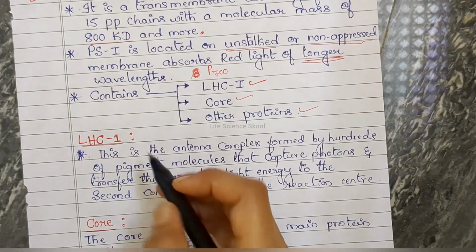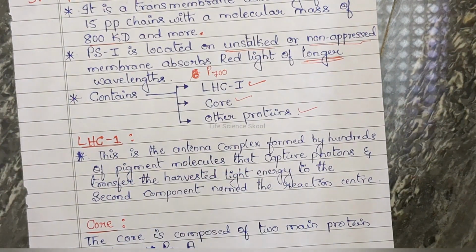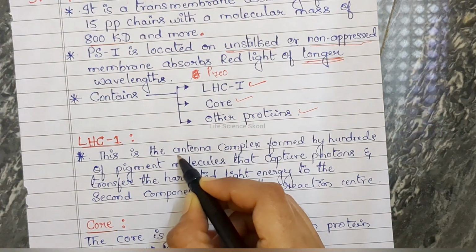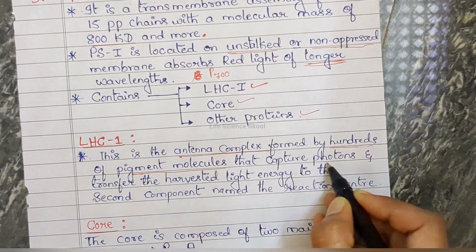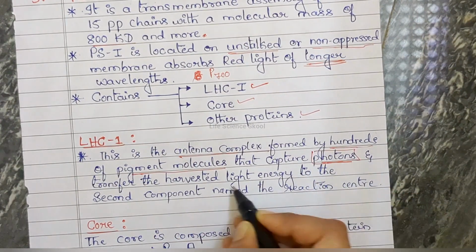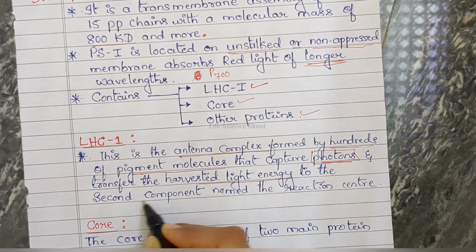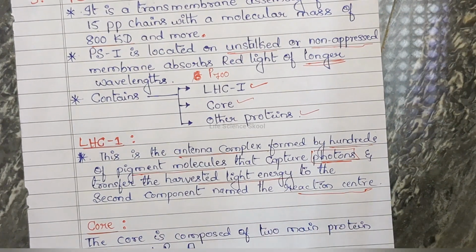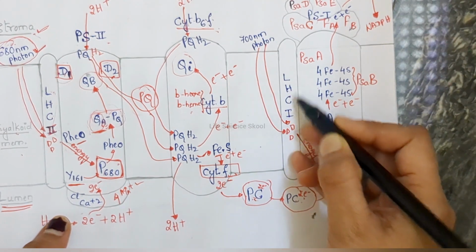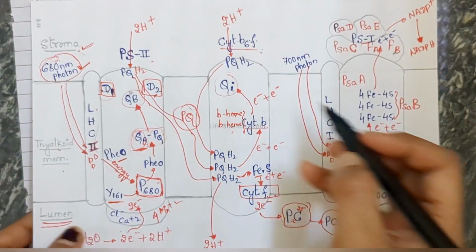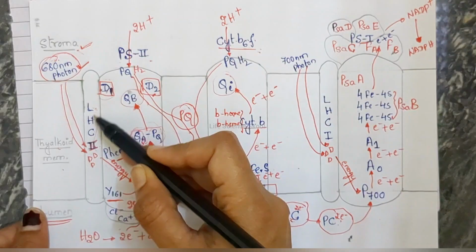So first we will begin with the LHC1. Obviously we know this is the antenna complex formed by hundreds of pigment molecules that captures photons and transfers the harvested light energy to the second component, named the reaction center. The function of the LHC1 is similar to that of the LHC2.